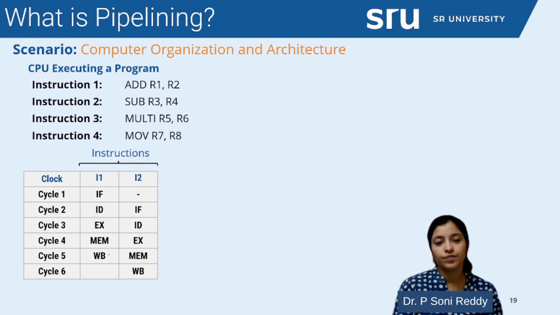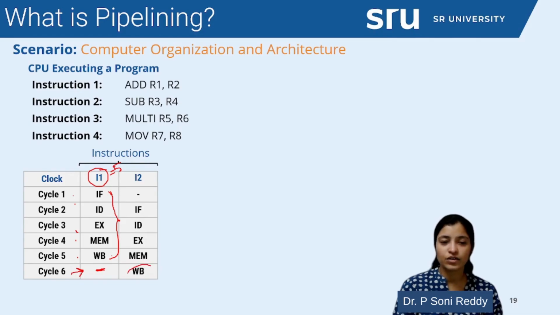Now here, once this write back is completed, instruction number 1 execution is completed. So when instruction 1 is completed, how many clock cycles are needed? 1, 2, 3, 4, 5. So for completing instruction number 1, we require 5 clock cycles. As soon as write back is completed, instruction 1 is completed. So in clock cycle 6, instruction 1 is doing nothing, that means it is waiting.